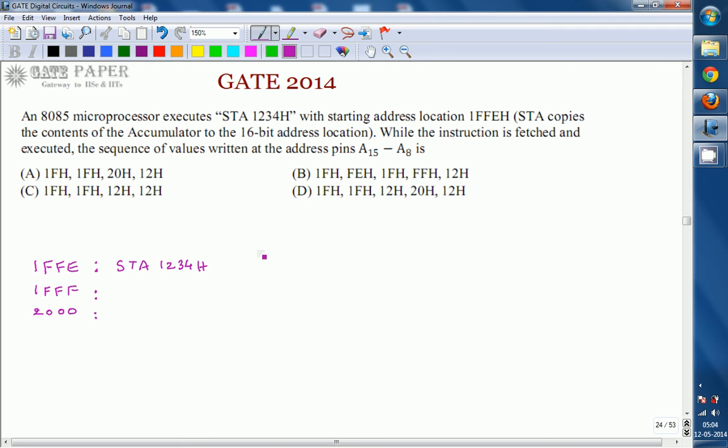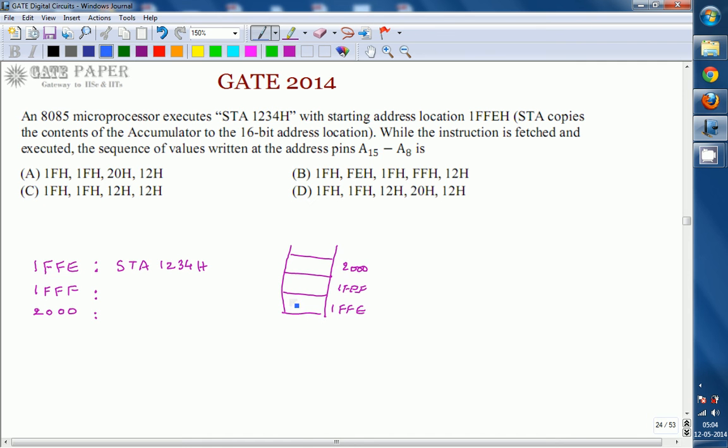In memory, the first byte will be the opcode, then 34, and then 12. Let us assume this is the memory, with address locations 1FFE, 1FFF and 2000.